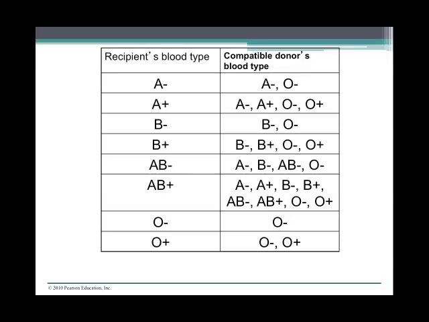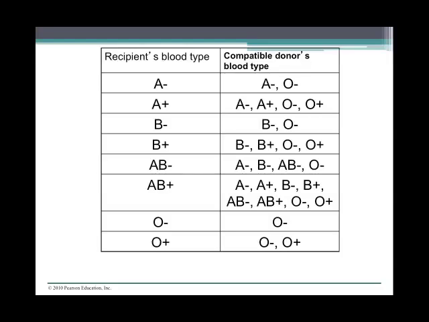So if somebody is A at the top, they can get A or O. O is the universal donor. If you look on the right, you will see that O is in every slot. AB is the universal recipient.